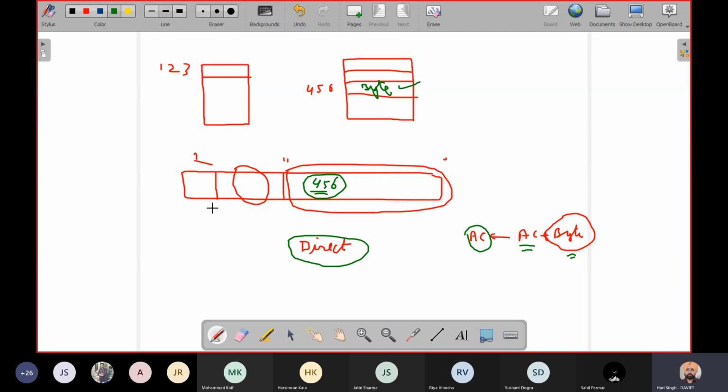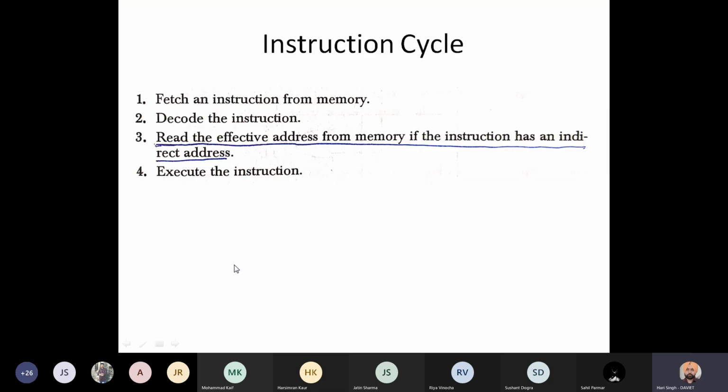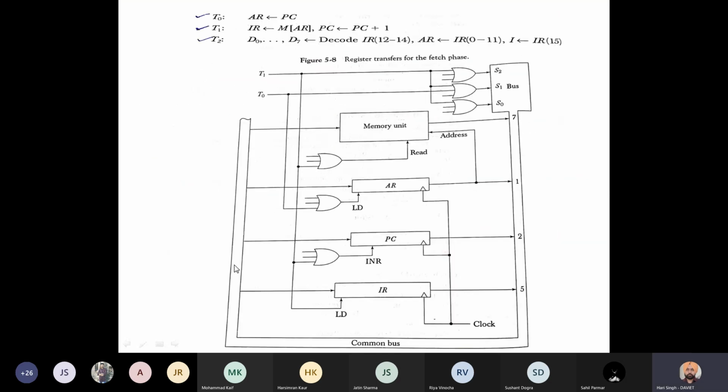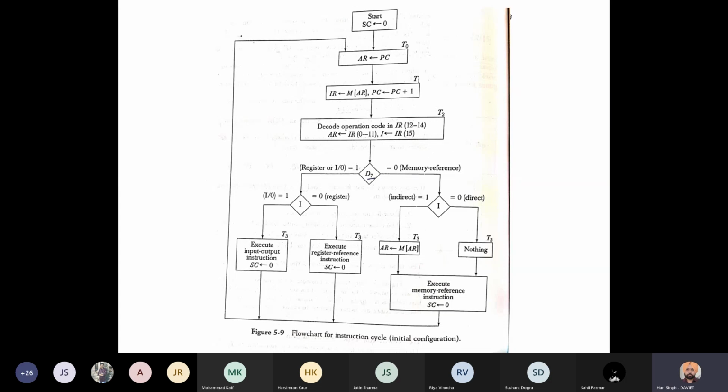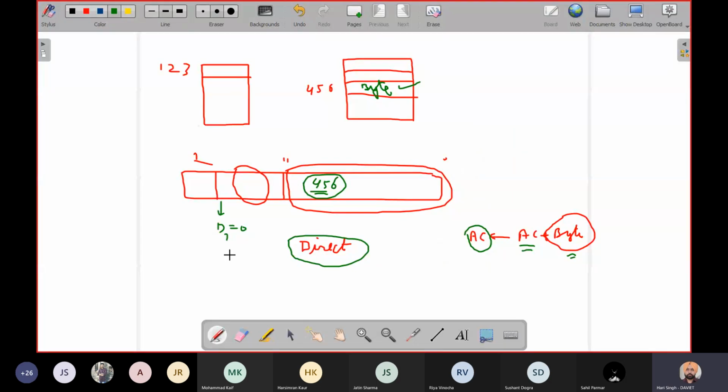If the addressing mode used is direct, when will that be? When D7 is 0. Yes, D7 is 0. So when it is 0, the instruction is related to memory. And further, the I bit is checked.